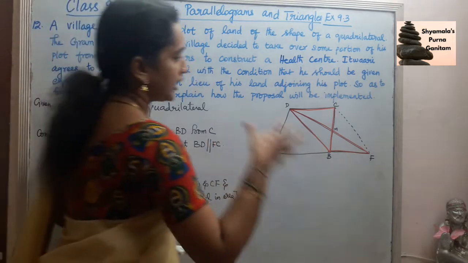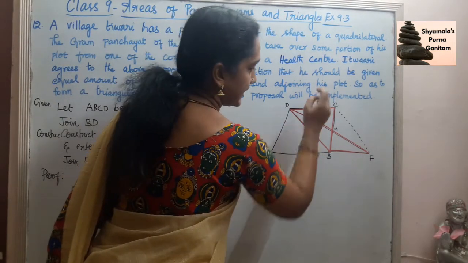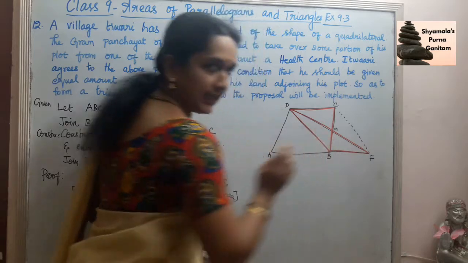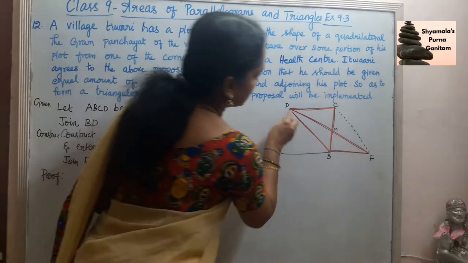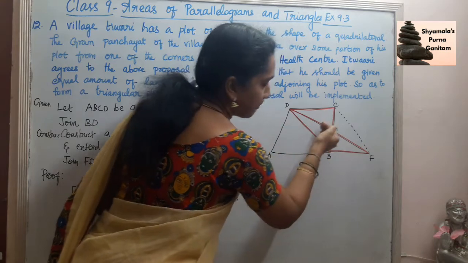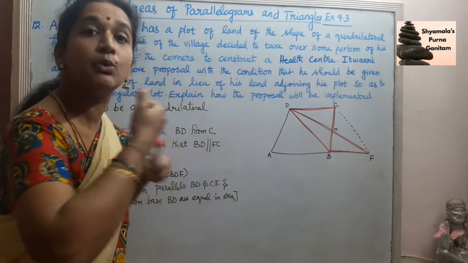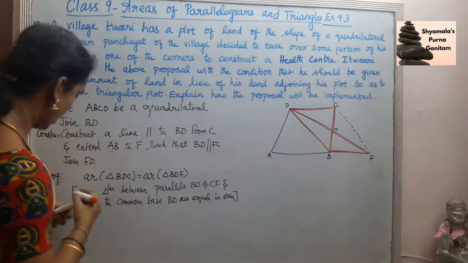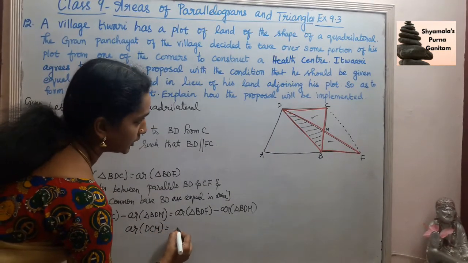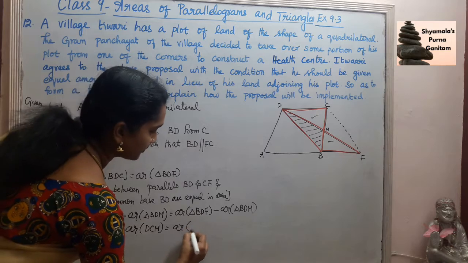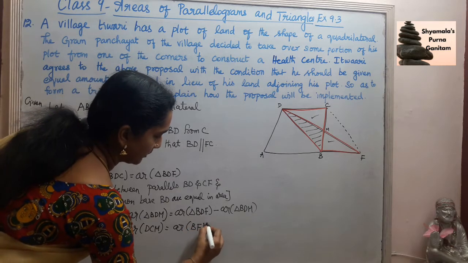Now we have proved that triangles BDC and BDF are equal in area. So this BDM part is common. We will remove that common part. So area of DCM is equal to area of BFM.